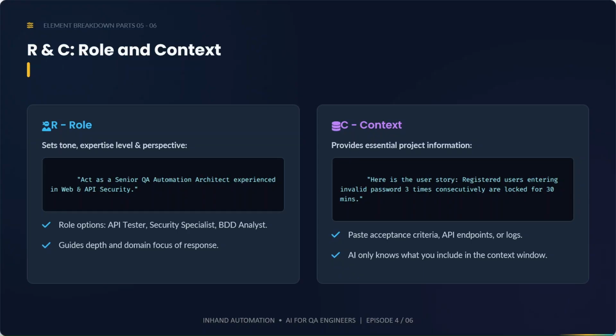So if your business rule is important, please provide it. If your API contract is important to be taken into consideration, please provide it. If your acceptance criteria are important, please provide it. Don't expect AI to magically know your private project or your project requirement. Let's move to next.